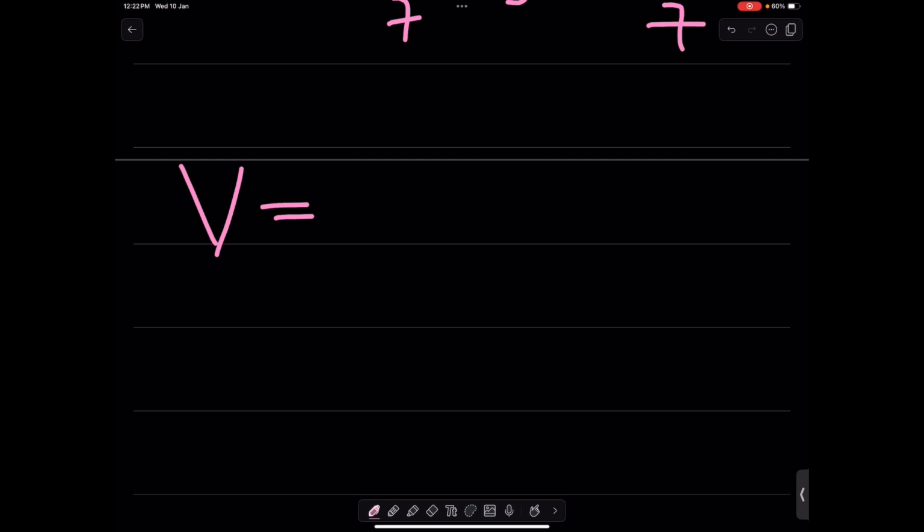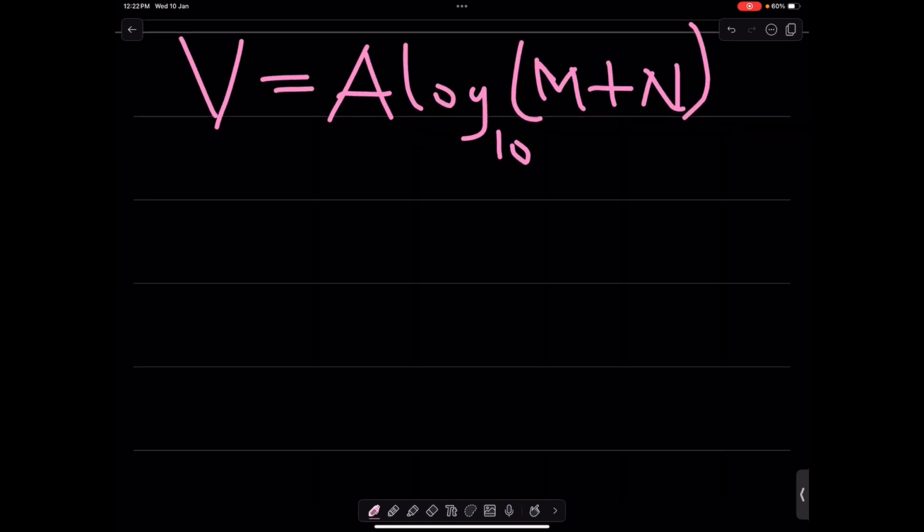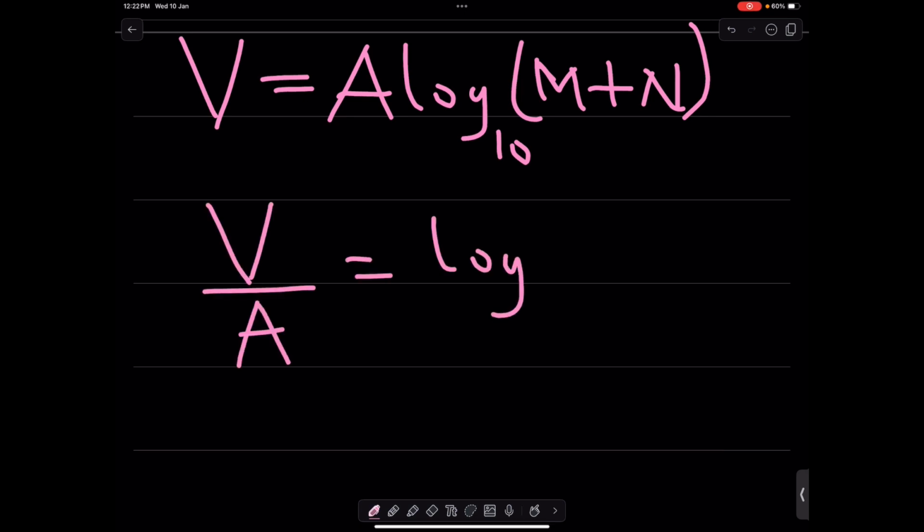Given that v equals a log m plus n base 10, express n in terms of m, v and a. First of all, we divide both sides by a. That simply means v over a is equal to log m plus n base 10.